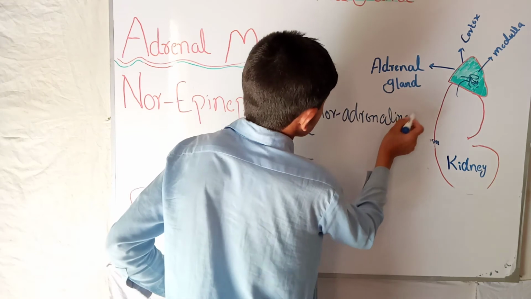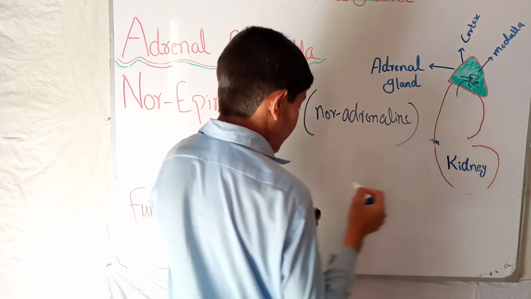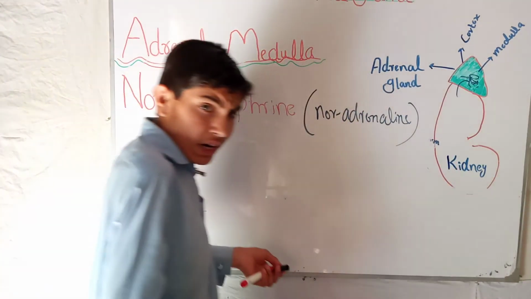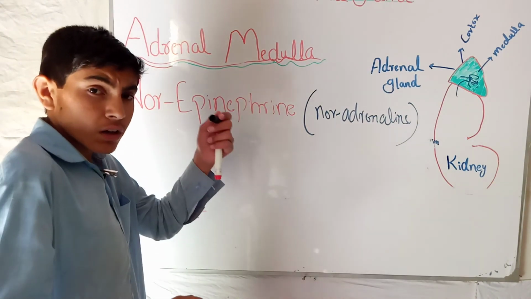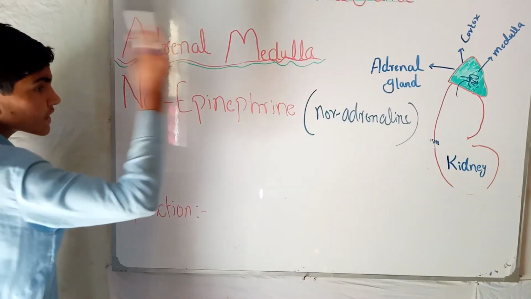Most of the hormones secreted in the kidney part, we call adrenal. The kidney part we also mostly call adrenal. There is the adrenal pelvis, adrenal pyramid, a lot of them. So we say adrenaline.